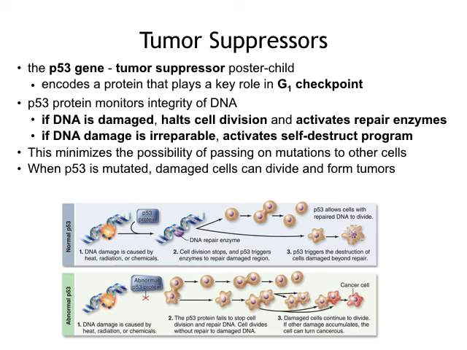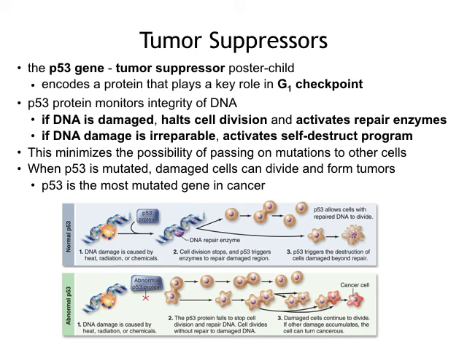Or I guess I should say cells can divide even if they have mutations, and eventually those mutations are going to affect other genes like proto-oncogenes. They're going to activate proto-oncogenes into oncogenes and then eventually cause that cell to become cancerous and form a tumor.